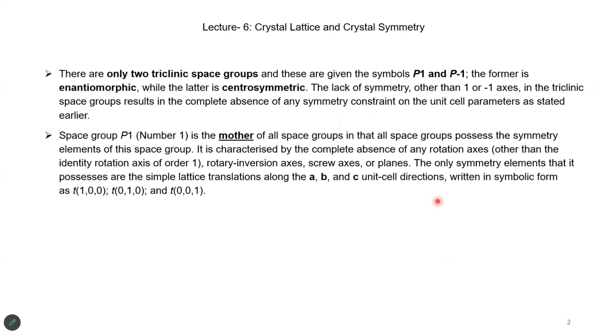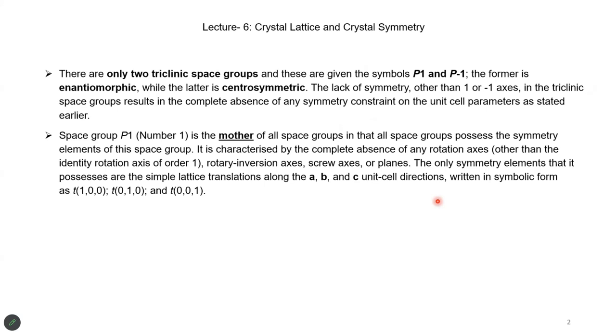And we also know that the highest symmetry we get is in the cubic crystal system, and the lowest symmetry we get is in the triclinic crystal system. Why do I say that? Because we will see that it is very easy to describe a space group when the number of symmetry elements is less and less.